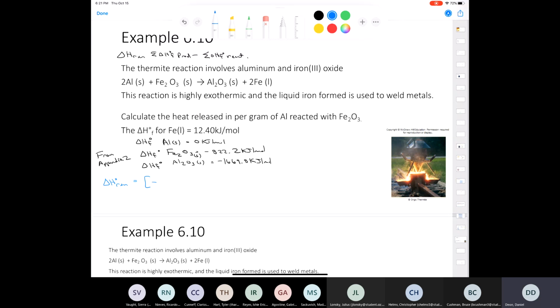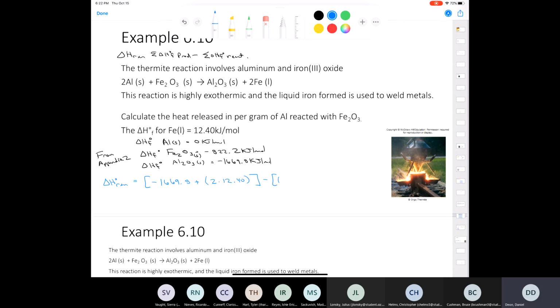And so we can plug those into our formula, and delta H of our reaction is going to be equal to negative 1,669.8 plus, we've got how many moles of iron, liquid iron? We've got 2 times 12.40, and then we're going to subtract the sum of the heats of formation of our reactants.